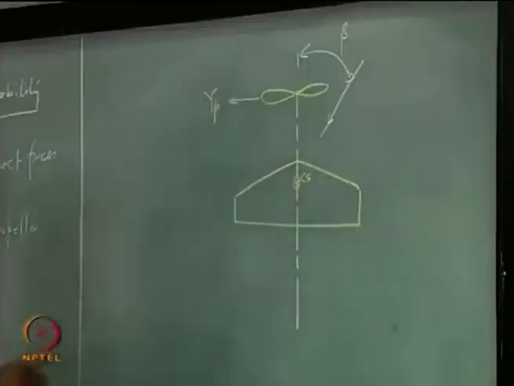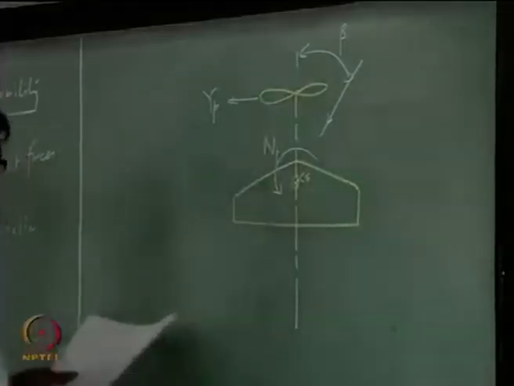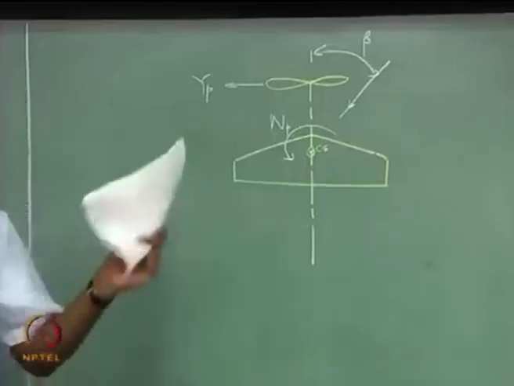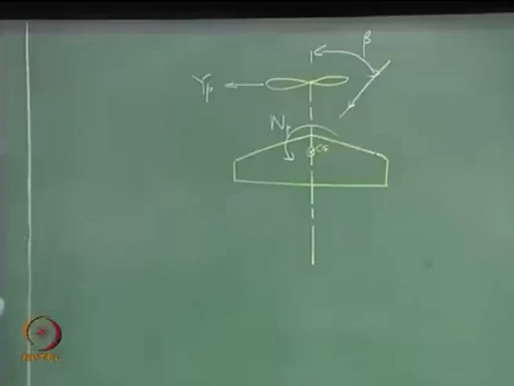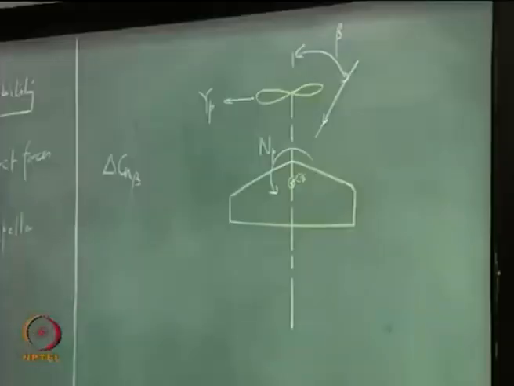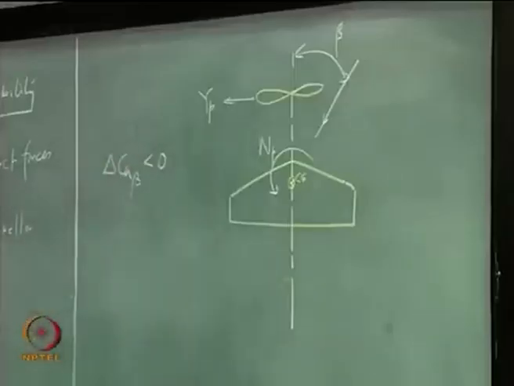So, which way is it going to create a moment? Negative yaw moment, right. So, delta Cn beta contribution in this case is, for positive beta you are getting a negative yaw moment, right. So, this is a destabilizing effect.